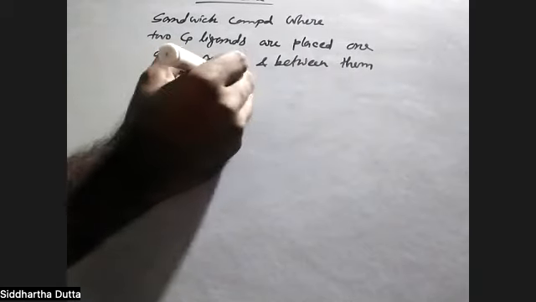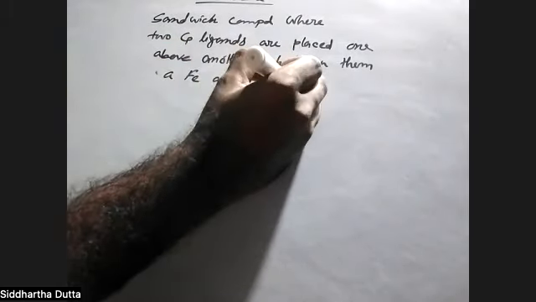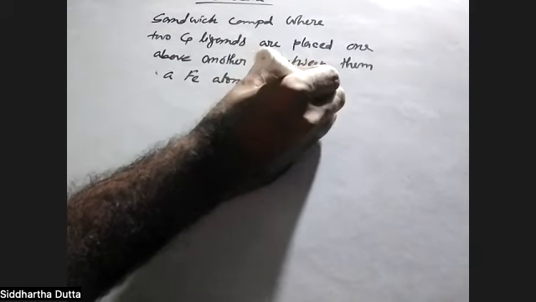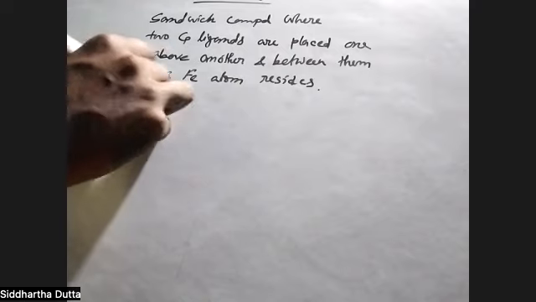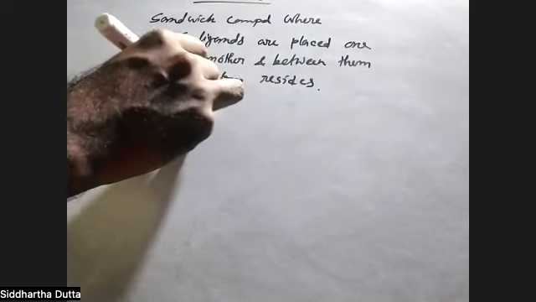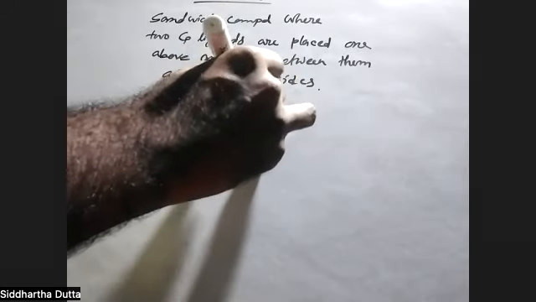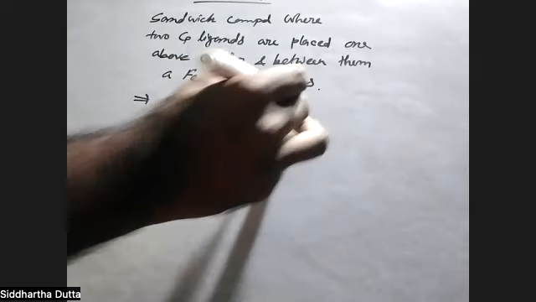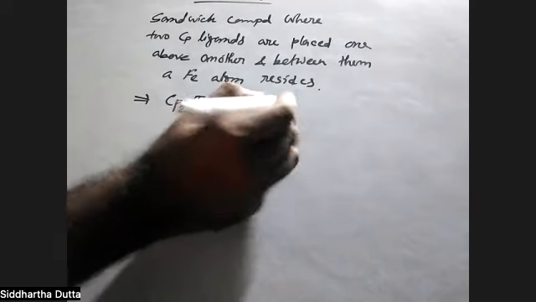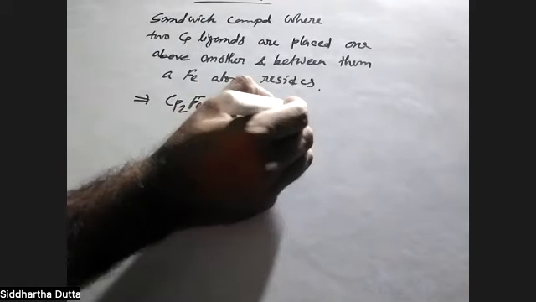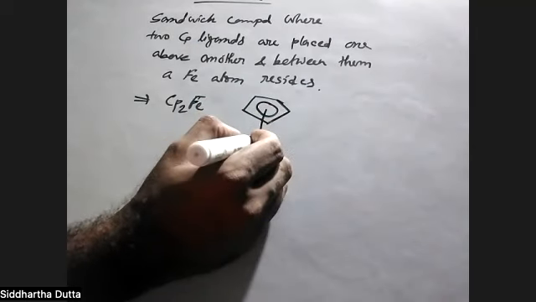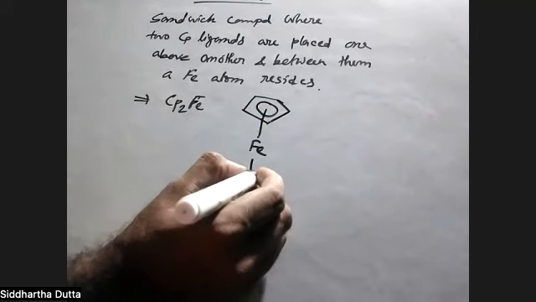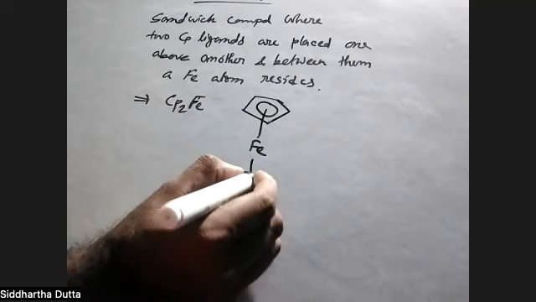So the general representation of ferrocene is Cp2Fe, and if I draw the structure, so this is ferrocene.